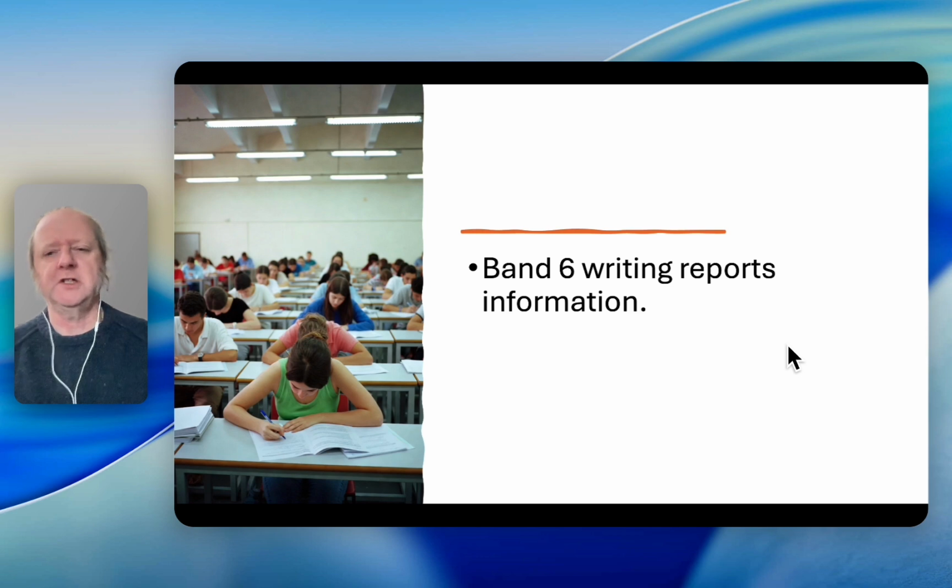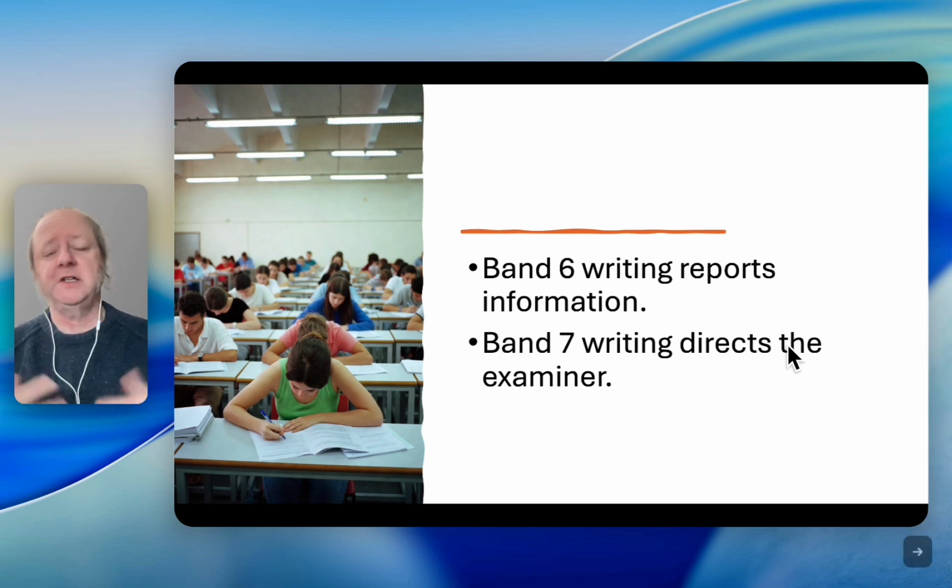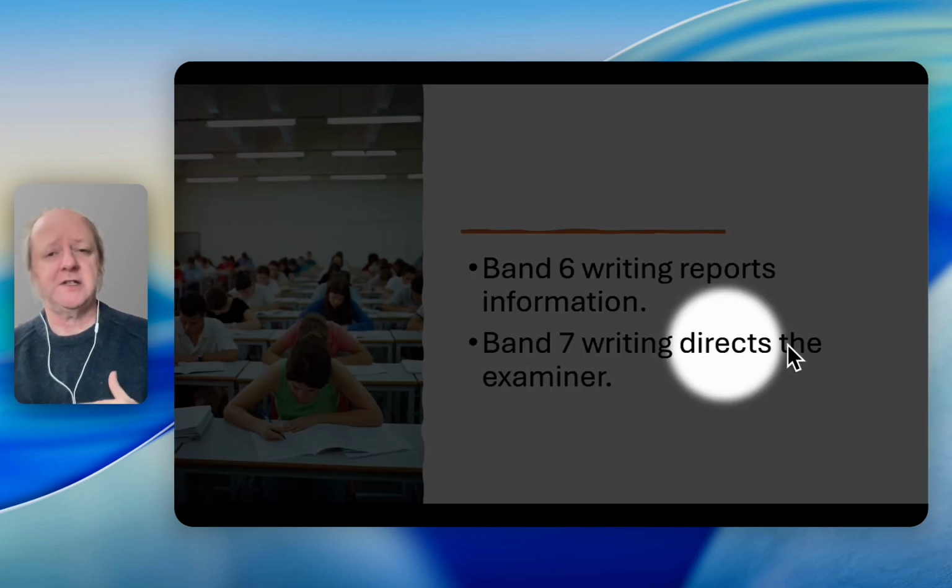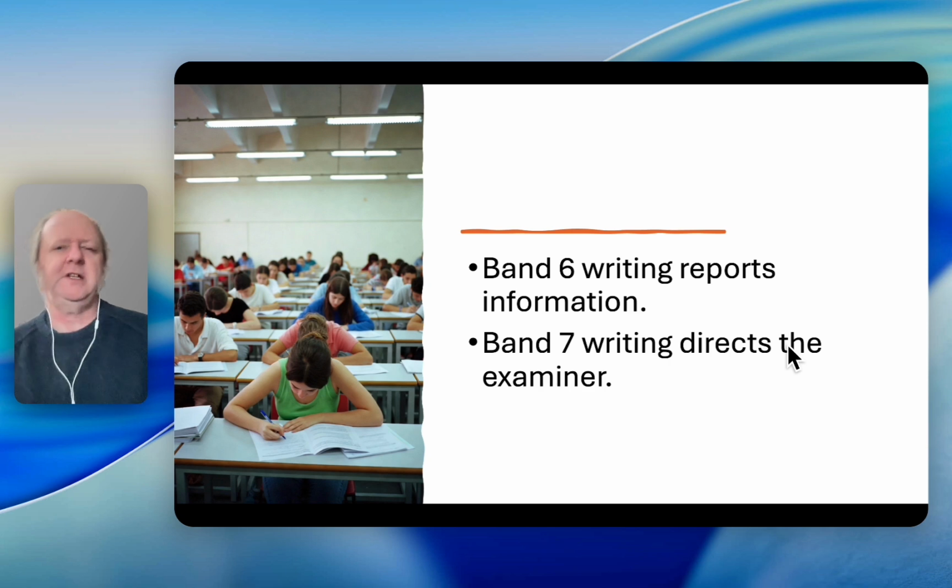It just reports it. It doesn't organize it. And band 7 writing directs the examiner. It tells the examiner what to look at first. So it doesn't just list the years in order. It takes the information and organizes it so that you point the examiner to the key features first.